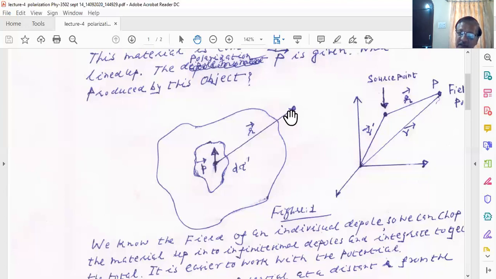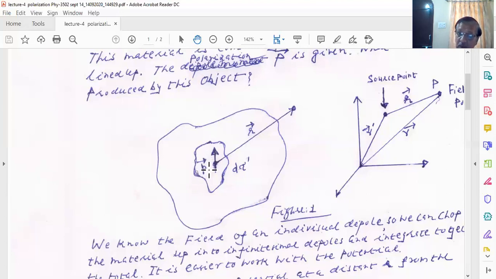So first of all, I calculate the potential because of one dipole whose dipole moment is small vector p. See, there are two vectors. We have a dipole moment, that is the electric dipole moment of each individual dipole, and we have a polarization density vector, that is capital vector P, that is known as dipole moment per unit volume.